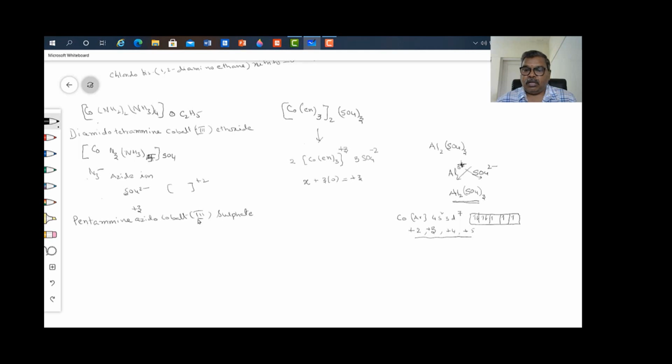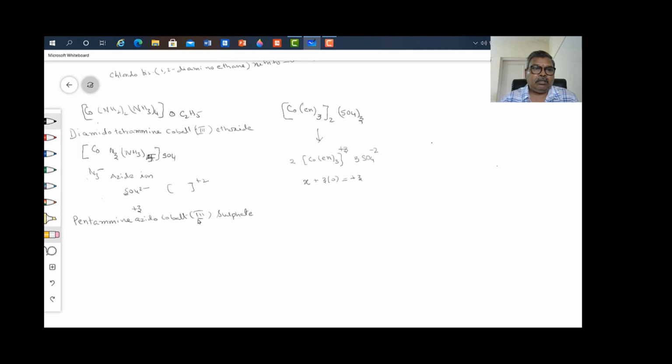Now write down the IUPAC name of this compound. Even though the formula is Al2SO4 thrice, the name is aluminum sulfate only. We do not read it as dialuminium trisulfate; that is wrong.